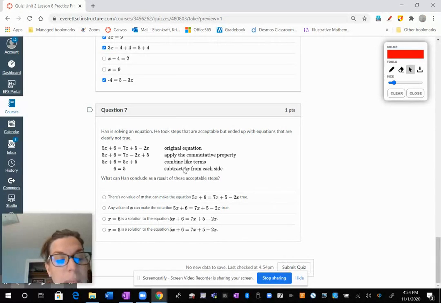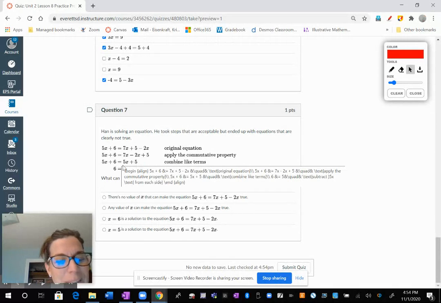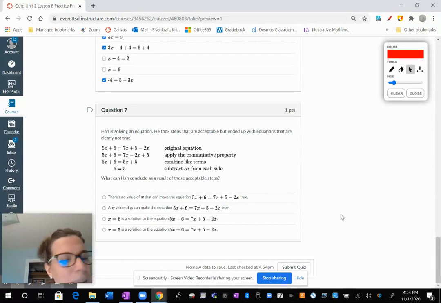No, because it's not possible. So when the coefficients match and you're adding one number to this side and another number to this side and you have 5x on both, we can conclude that Han didn't do anything incorrect. That false equation at the bottom is telling us there is no value of x that can make this equation true. It's unsolvable.